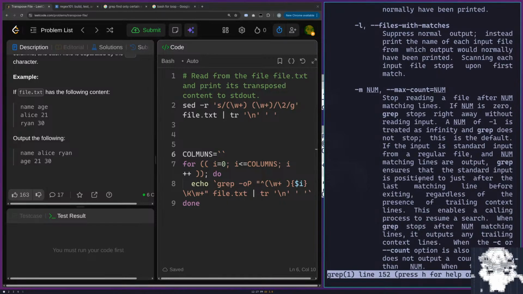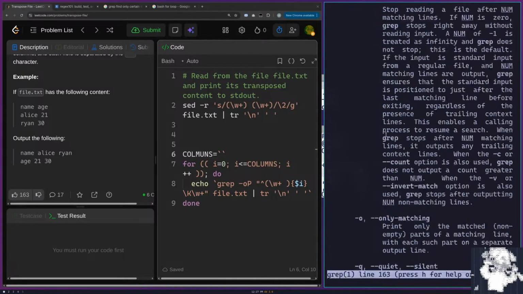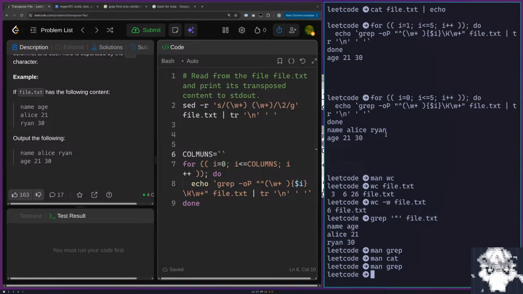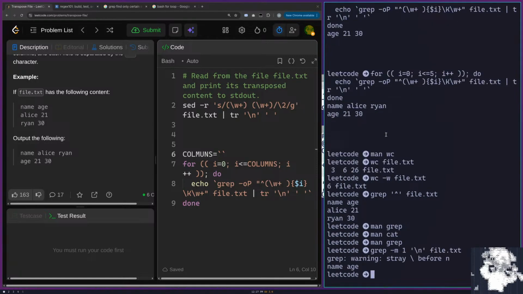Num. So -m1. So why don't you grep until there's a new line and only the first one from file.txt.